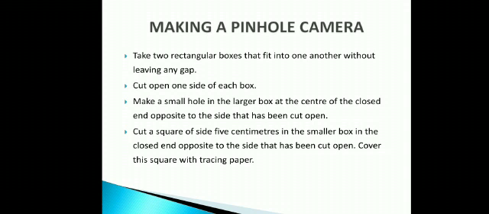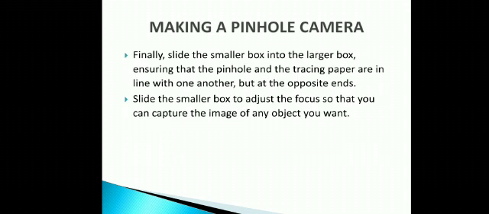Then cut a square of side 5 centimeters in the smaller box in the closed end, opposite to the side that has been cut open. Then cover this area with tracing paper, that is translucent paper. And then finally slide the smaller box into the larger box.